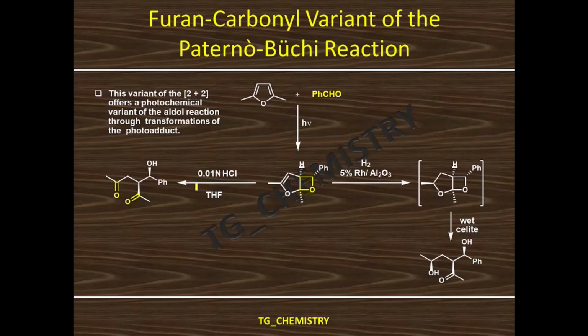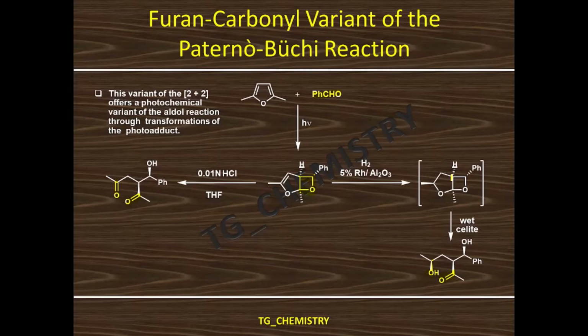So the two reaction conditions are different, and of course therefore the products are different in those two cases, but these are variations of this Paterno-Büchi reaction where the structures of the furan and the carbonyl compound have been varied.